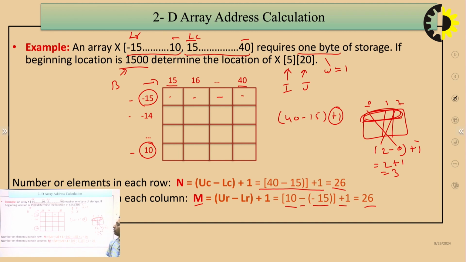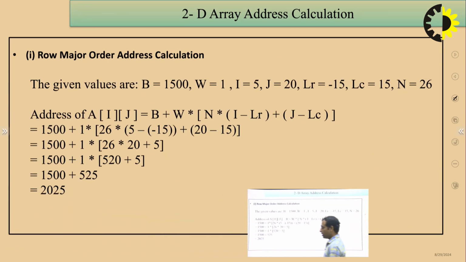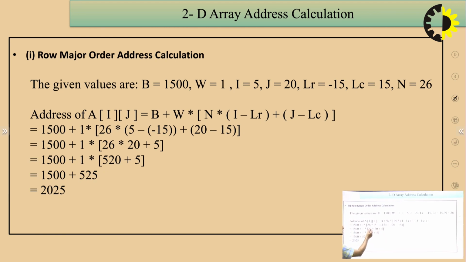So just put the values in the formula. In the row-major calculation, our formula is B plus W into N into I minus LR plus J minus LC. Simply put the values here.